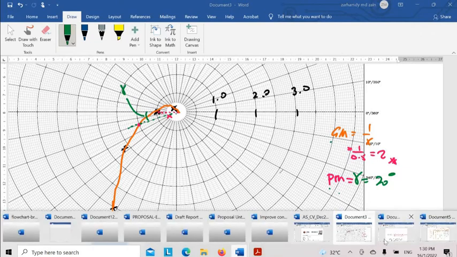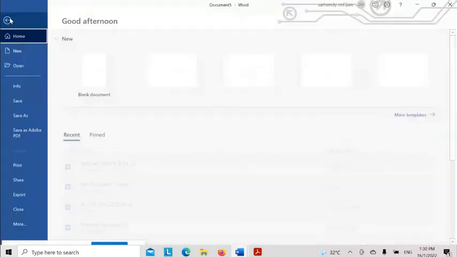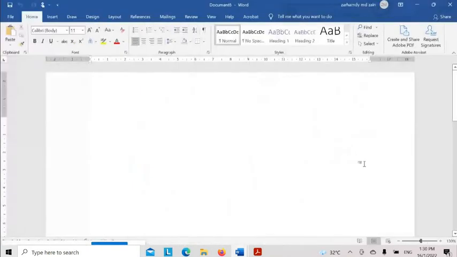So, another example, using the mathematical method.